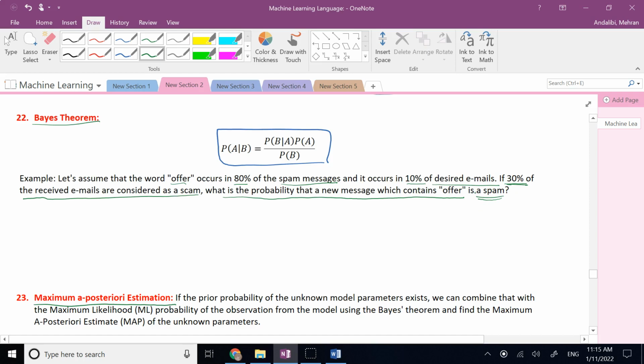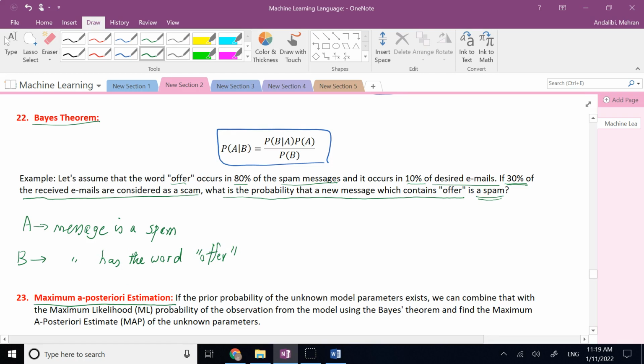We have the other thing which is the email contains the word offer. These are A and B, and how can we formulate it based on the Bayes theorem? So here A is the message is a spam, and B means the message has the word offer, right?